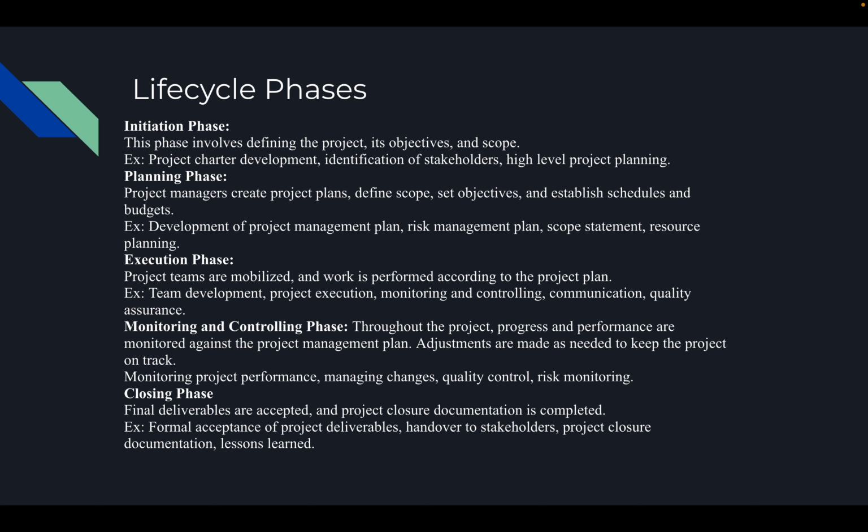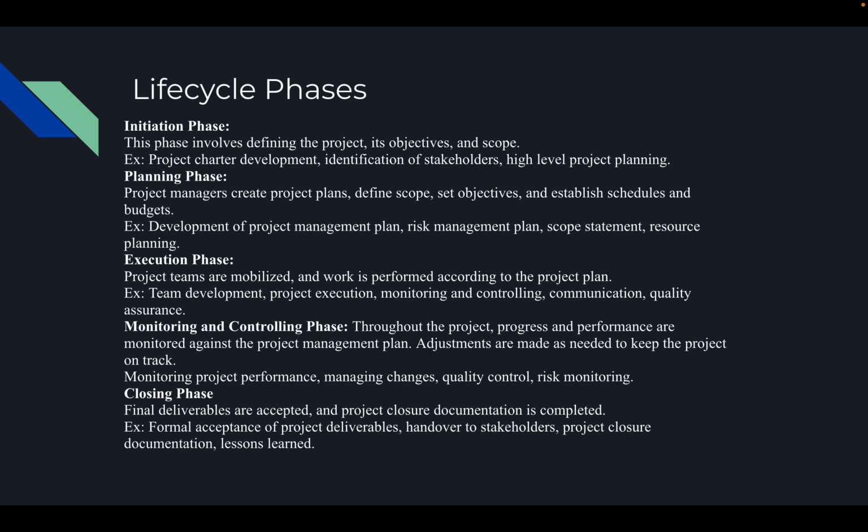Leading into the planning phase, the project managers will go over the project plans and create objectives. This would all be on the outline as well, where the tests would go, different budgets and whatnot. The execution phase is when the work gets going and is performed.